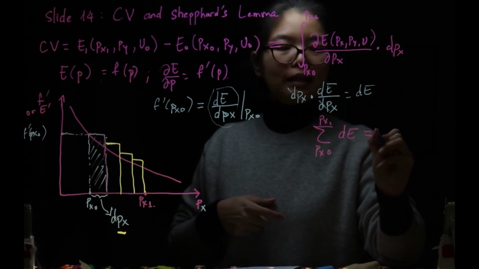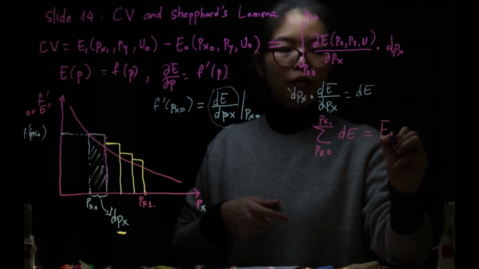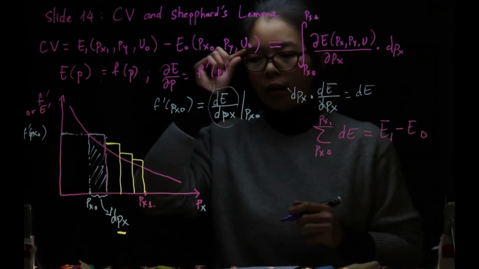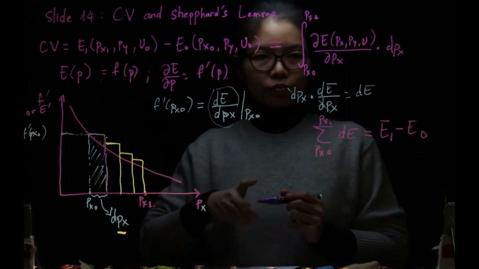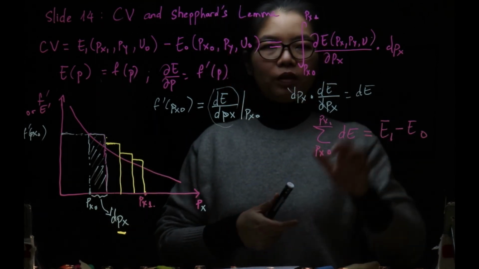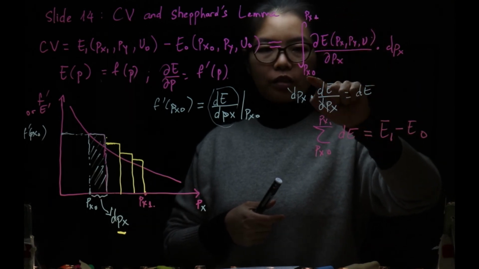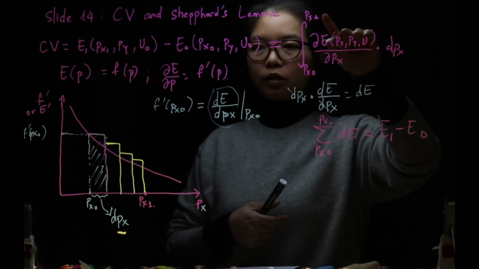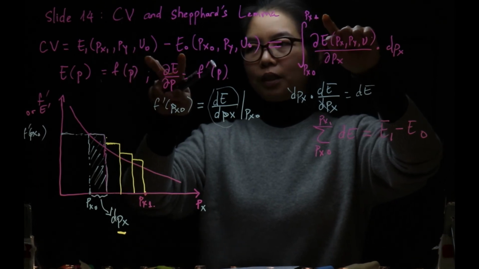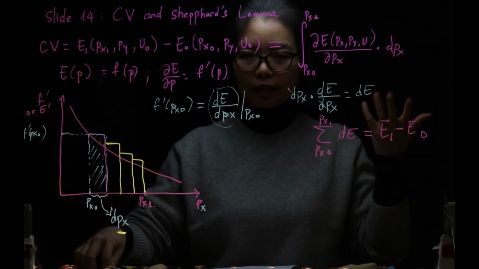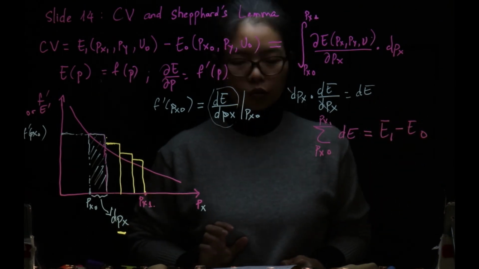And that is exactly E1 minus E0. So that is why when you integrate the derivative over a range from px0 to px1, you get this compensating variation. Alright? That's the intuition behind integrals.